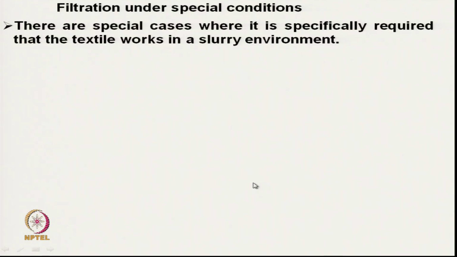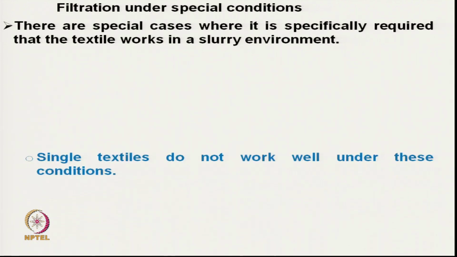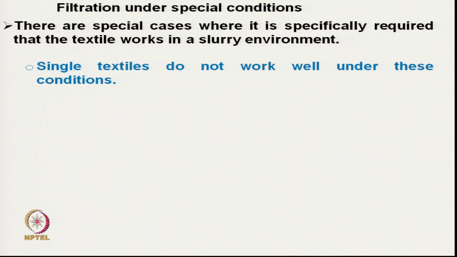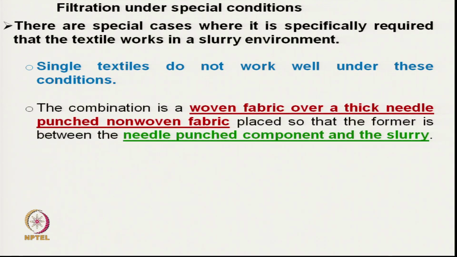There are also some special cases for filtration or separation, like slurry environment, where a single textile does not work under this condition. The combination of woven fabric over thick needle punched non-woven is important, because otherwise the needle punched non-woven will get clogged quickly.